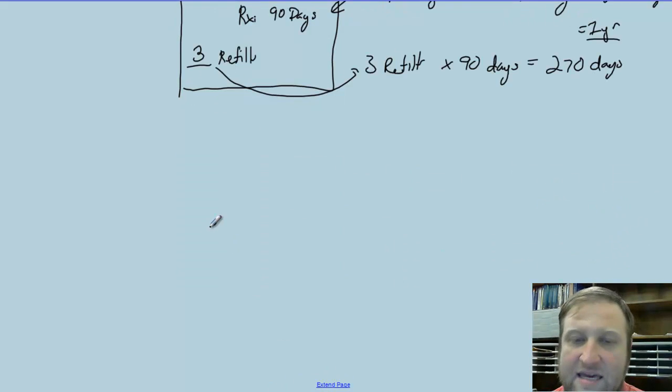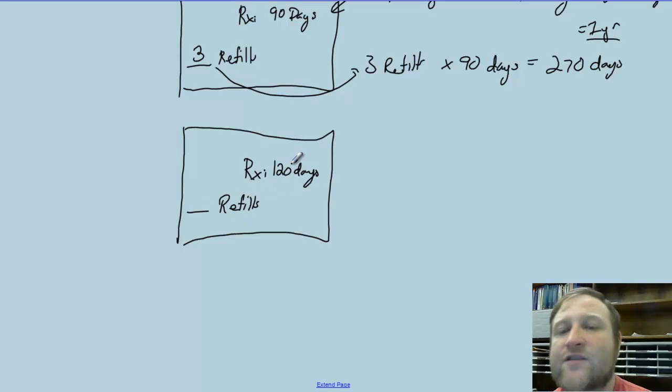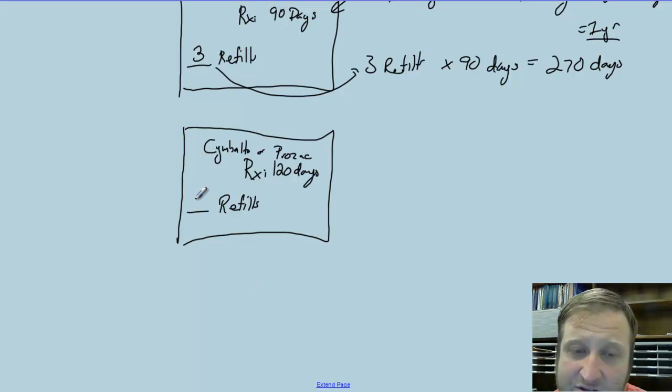Okay, in the case of Cymbalta or Prozac, those fill for 120 days. So let's think. How many refills must we give if it's going to be Cymbalta or Prozac? I hope we recognize in this circumstance it's going to be 2.